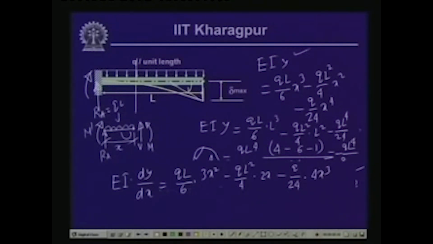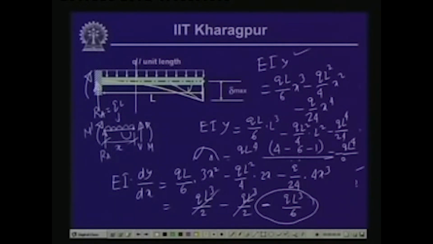Now if we substitute x equals L, this gives us QL cube by 2 minus QL cube by 2 minus QL cube by 6. The QL cube by 2 terms cancel, so you have minus QL cube by 6.